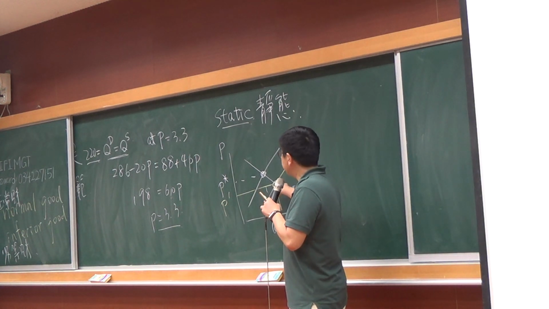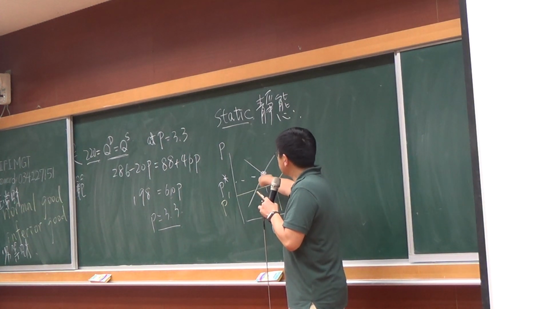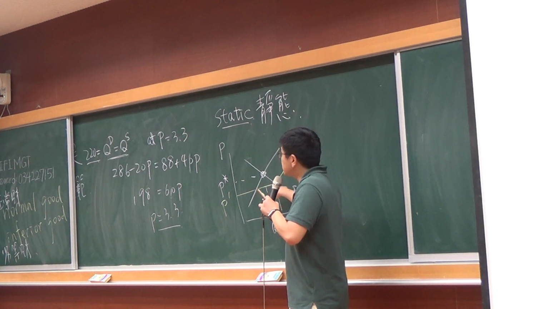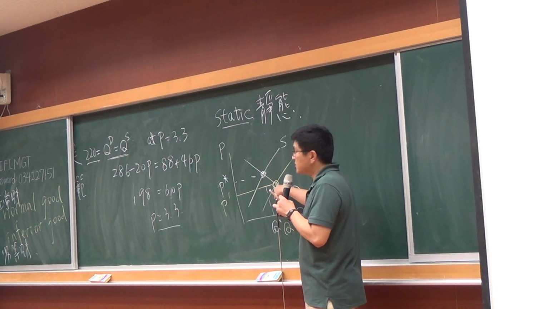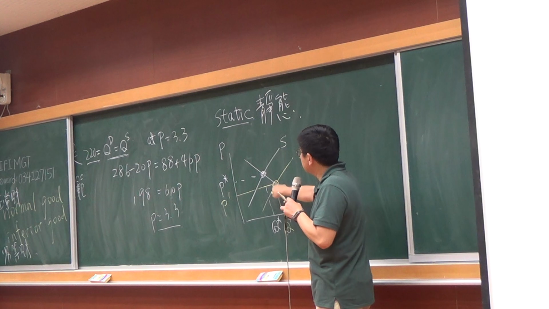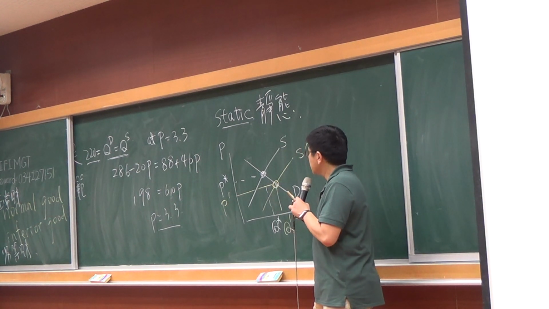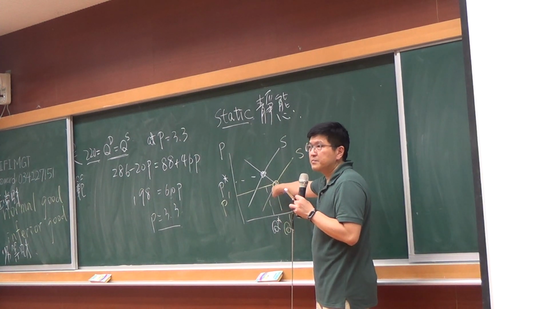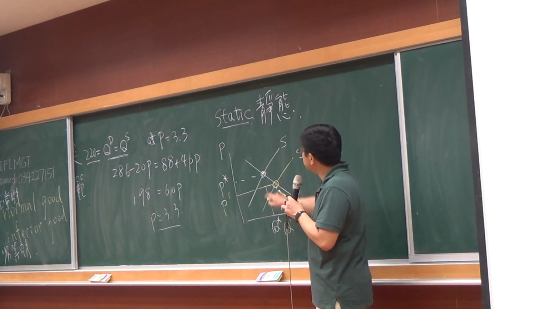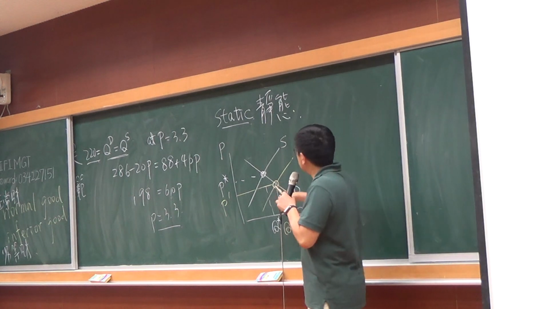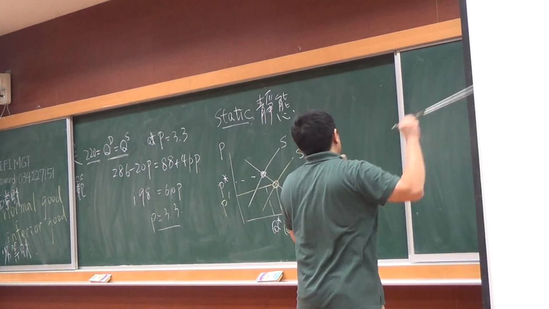So we now have two statics, static 1, static number 2. So with different conditions, the original condition makes static 1, and later on, the second condition makes the equilibrium at this point. So it's static number 2. If we want to compare these two statics, we call it comparative statics.